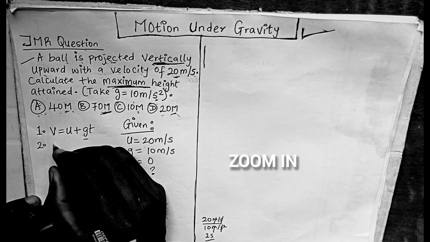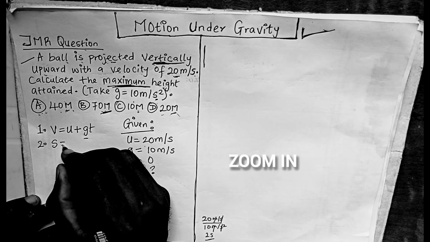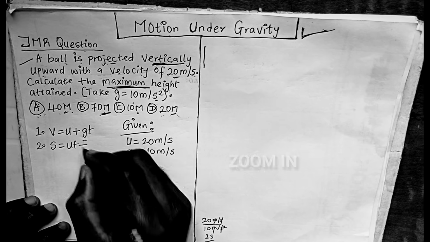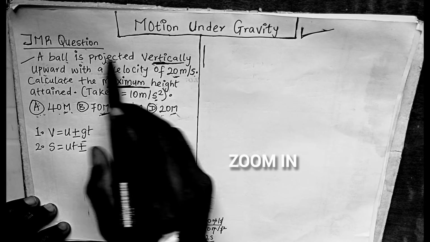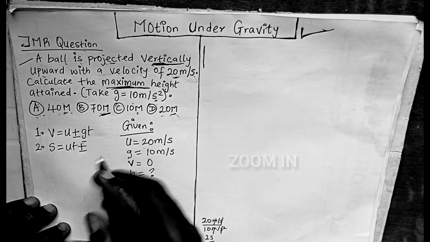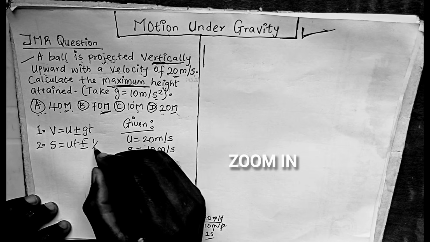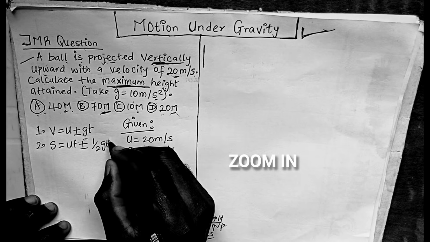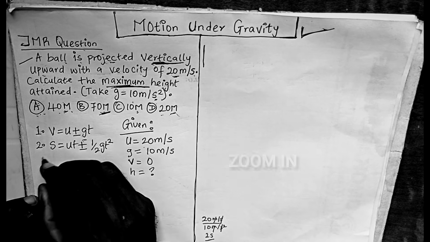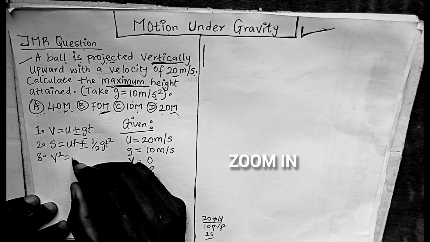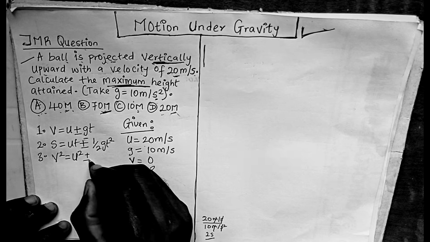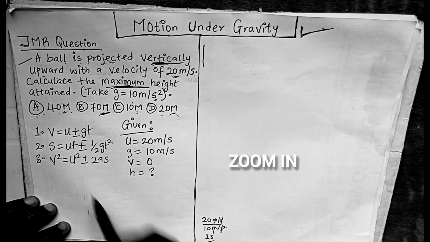The second is s, which is distance, equal to ut plus or minus half gt square. Since you are doing motion under gravity, it's plus or minus. According to this particular question, we are going to use minus. The third equation of motion is v square equal to u square plus or minus 2as. So these are the three equations of motion.